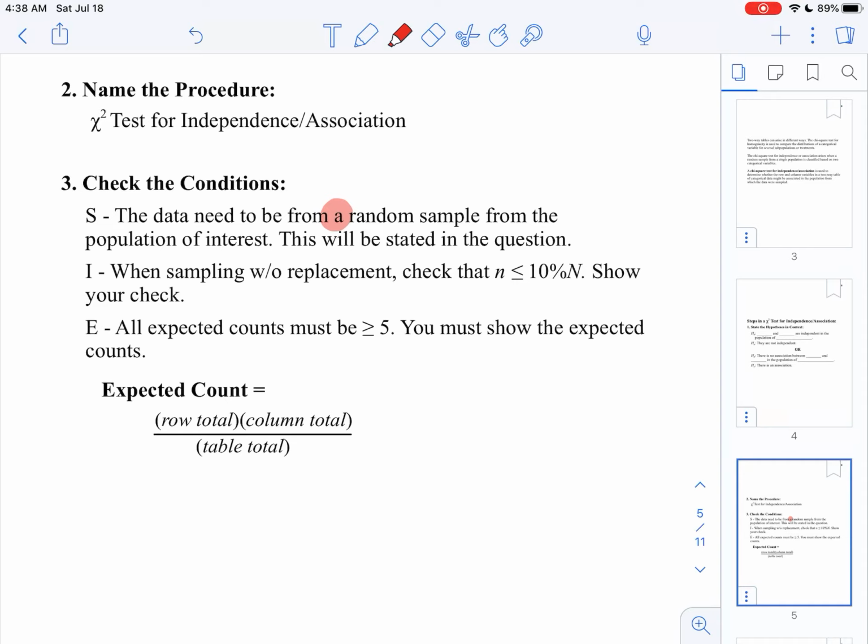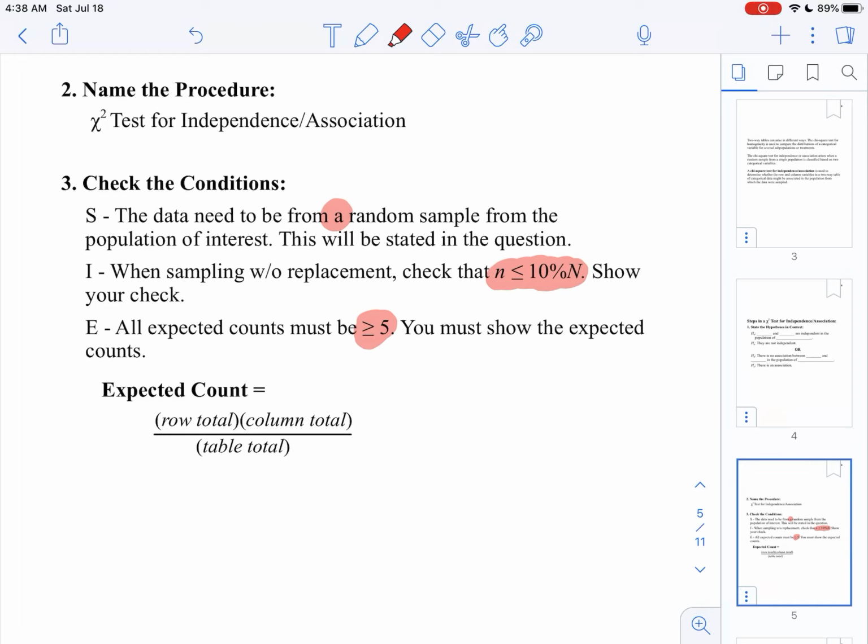When sampling without replacement, we have to check that our lowercase n is less than 10% of capital N and show that check. And then all expected counts must be greater than 5, and you have to show your expected counts. Again, just like in the chi-square test for homogeneity, not like the goodness of fit test.